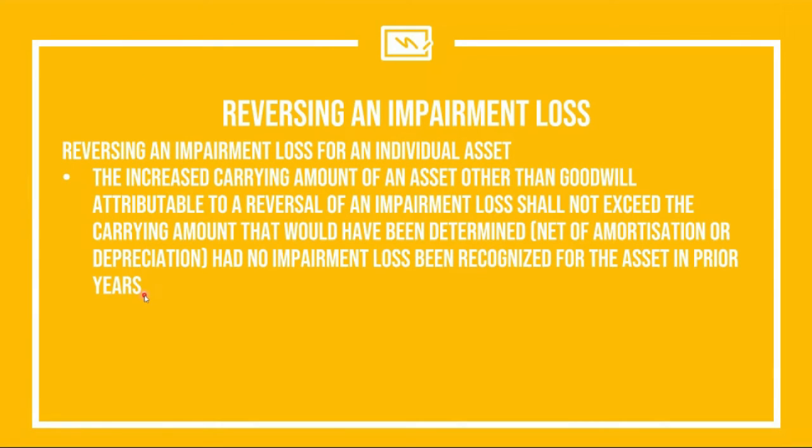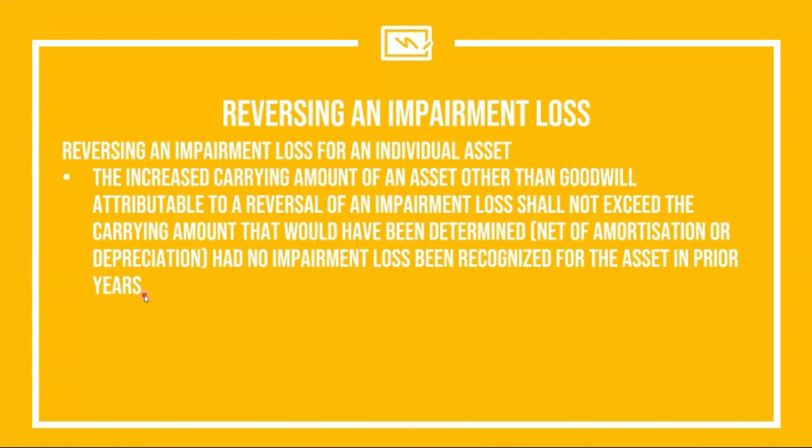So meaning, we cannot recognize a reversal which is in excess of the carrying amount should there have been no impairment. So what you're going to do is compare the current carrying amount with the carrying amount if there were no impairment and the current recoverable amount.